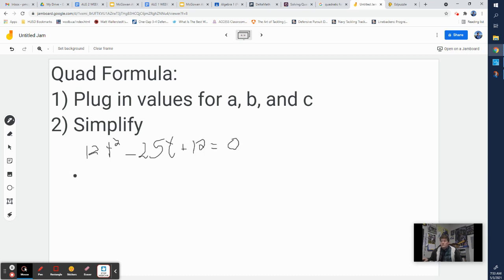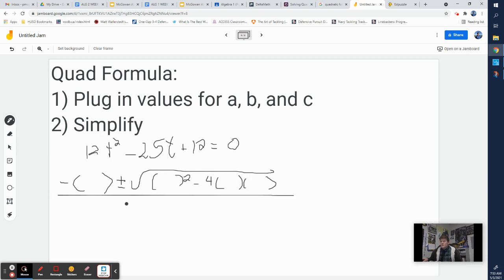Okay, our quad formula is negative b plus or minus the square root of b squared minus 4 times a times c. And that's all divided by 2 times a.